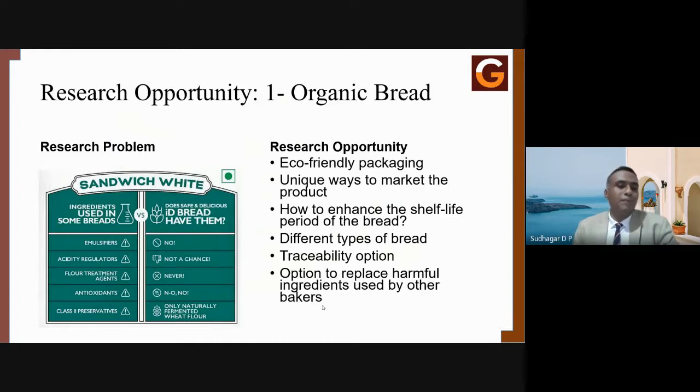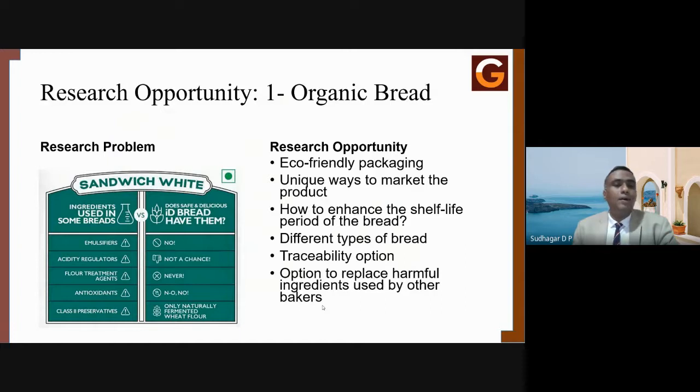and class 2 preservatives. Many consumers before COVID-19, before the pandemic, never used to read labels. Nowadays, consumers are reading labels and they are becoming very, very health conscious. They really do not want to eat any products which are going to cause adverse effects to health.